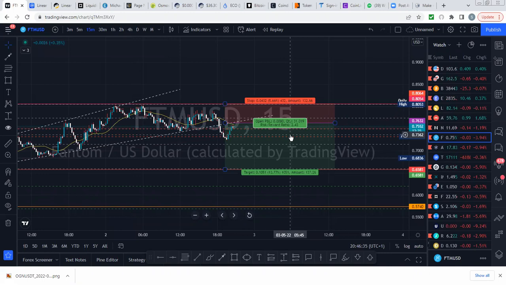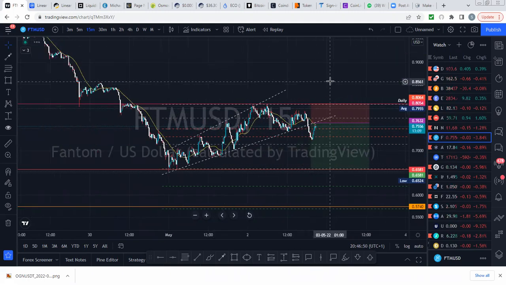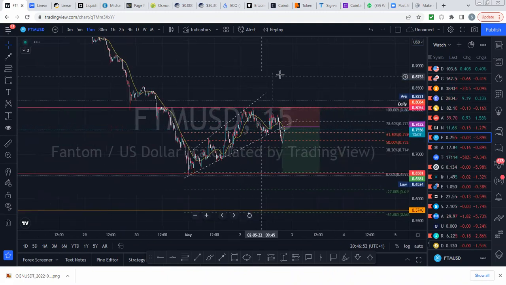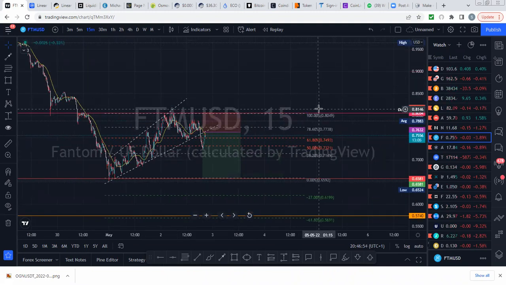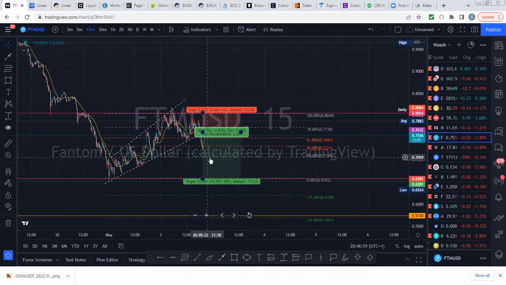The main one is 38.2, which is more of an aggressive push. When price hits 38.2, the move is always aggressive, whether you are buying or you are selling.